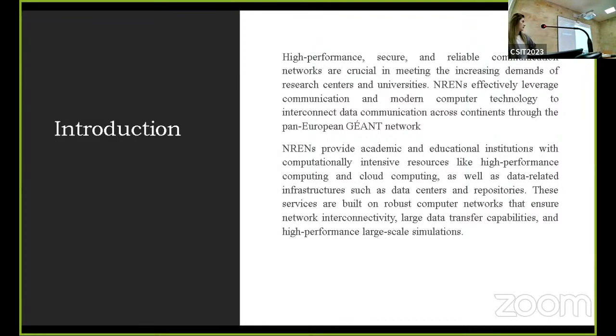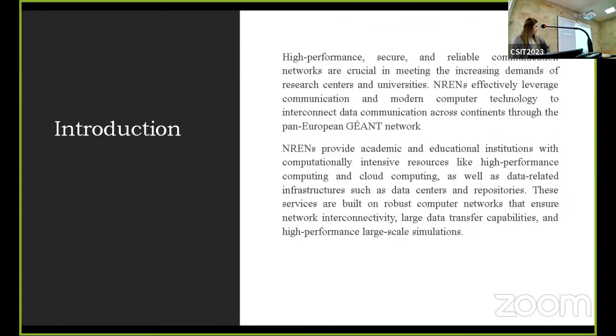So NRENs effectively leverage communication and modern computer technology to interconnect data communication across continents through the pan-European GEANT network. NRENs provide academic and educational institutions with computationally intensive resources like high performance computing and cloud computing, as well as data related infrastructure such as data centers and repositories.